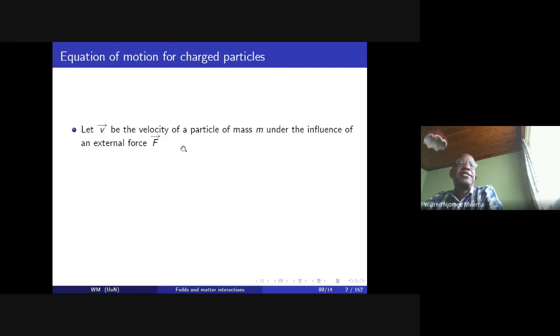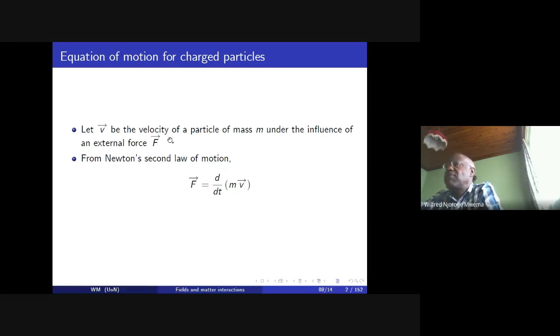Now, for us to deal with this, most of the time we are dealing with charged particles. And how do these charged particles behave when we apply an external force? So let v be the velocity of a particle of mass m under the influence of an external force F. F can be a mechanical force, it can be an electric force, it could be all sorts of forces.